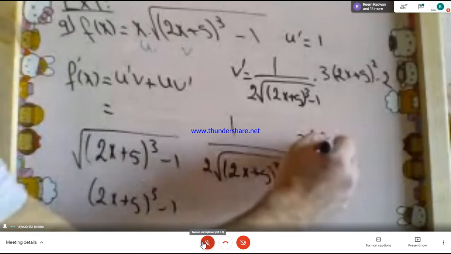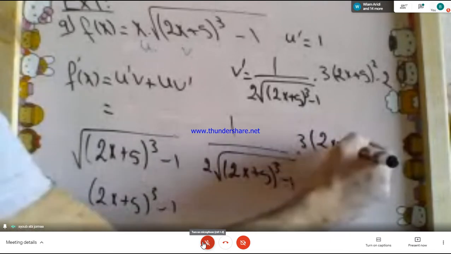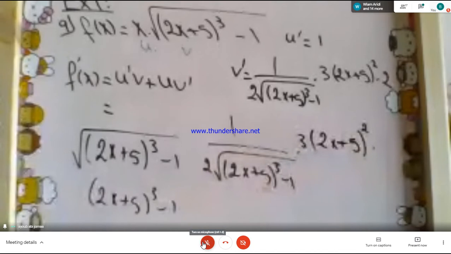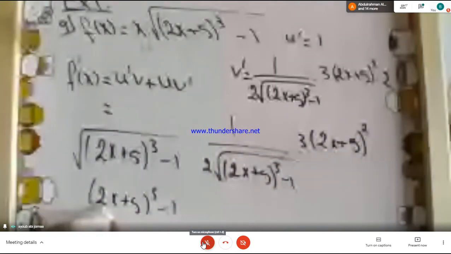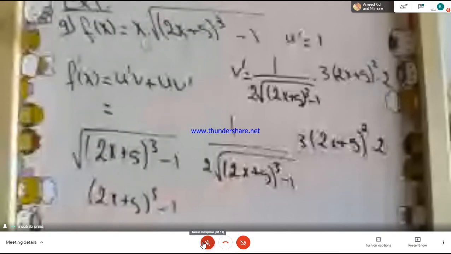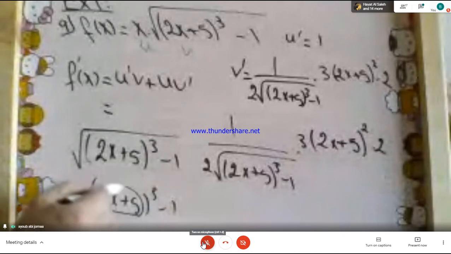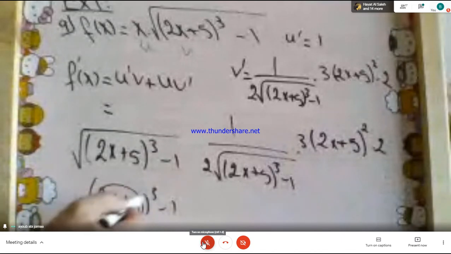This becomes 3 times 2x plus 5 to the power 2 times the derivative of 2x plus 5, meaning times 2. Right? 3 times 2, times the derivative of 2x plus 5. What's under the power here?